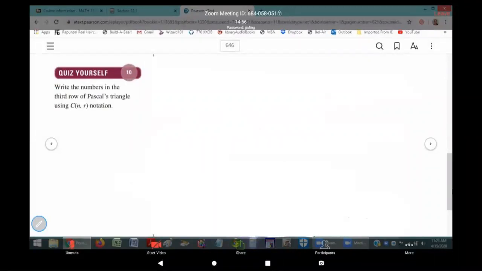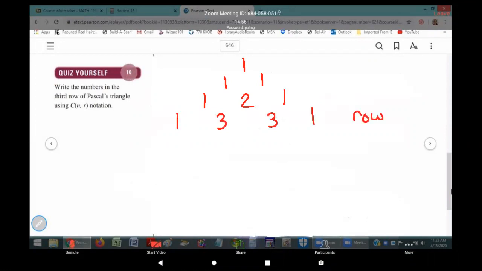Write the numbers in the 3rd row of Pascal's triangle using the combination of N choose R notation. Let's draw ourselves the 3rd row of Pascal's triangle. This is row 3 of Pascal's triangle. The first non-1 entry is the 3.